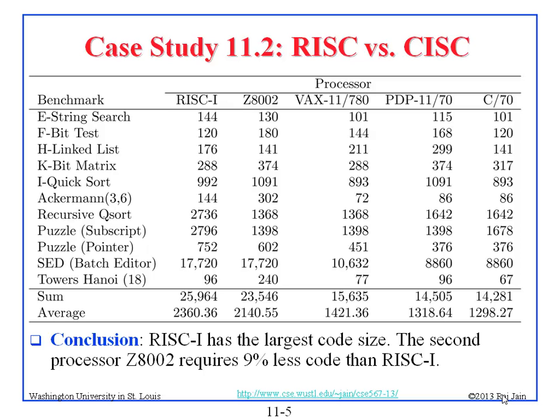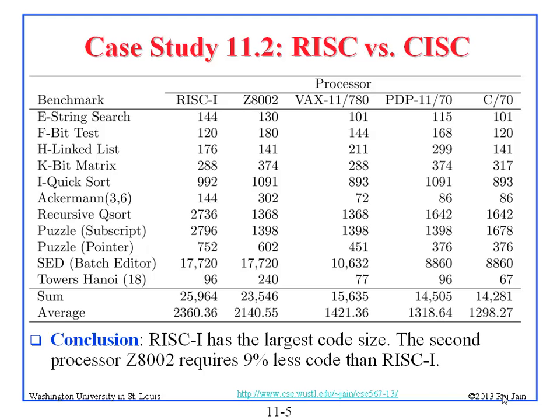The people who invented RISC published this paper in IEEE, ACM, some big magazine, and they took 11 different benchmarks and 6 different processors, and they took the sum and the average. Actually, they didn't do this one. I'm doing this right now. If you take the sum and the average, your conclusion is that the RISC has a very large code size.